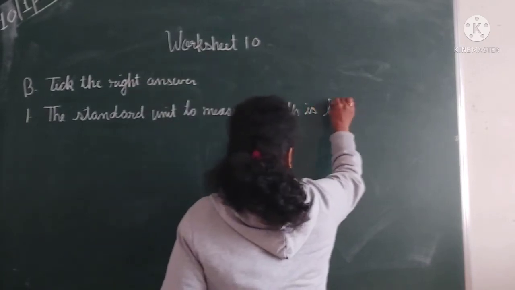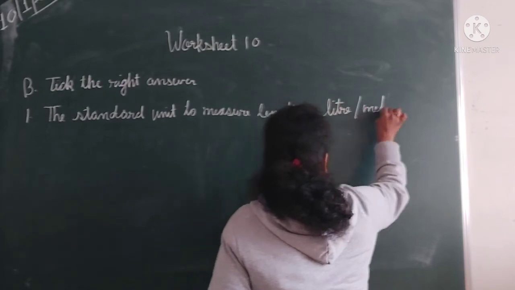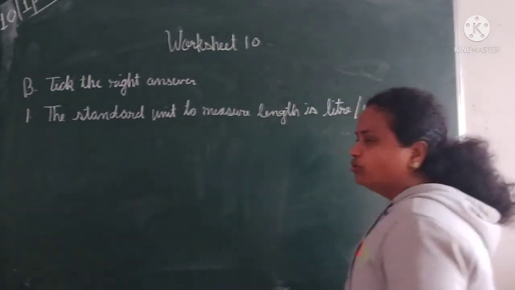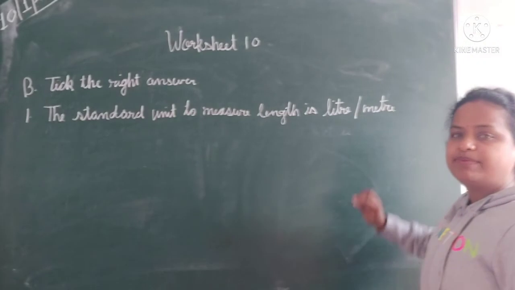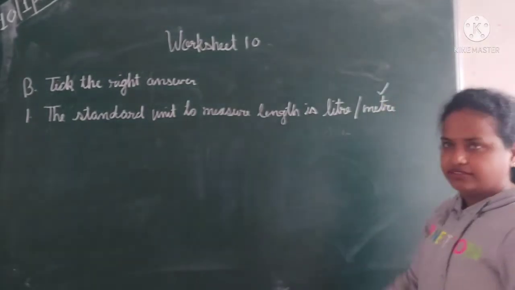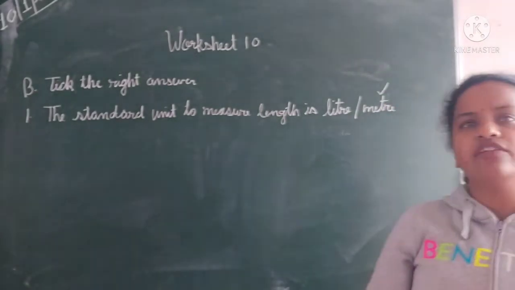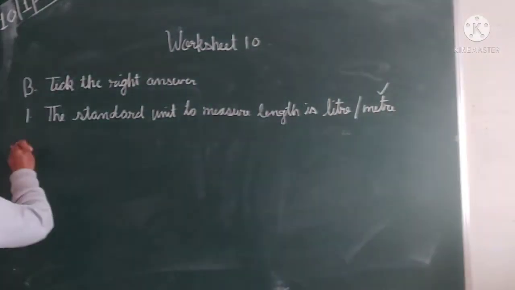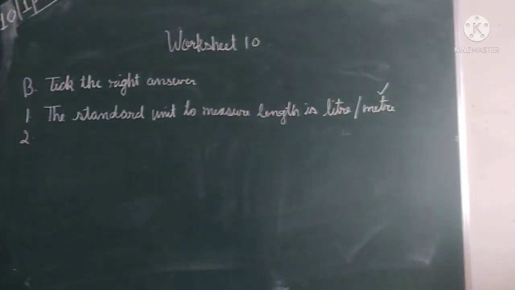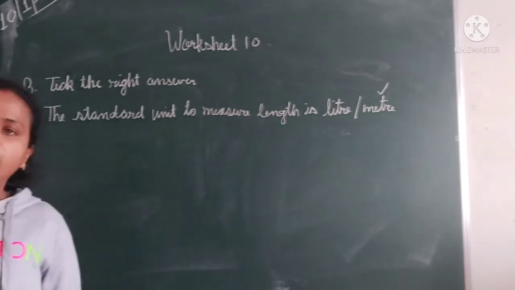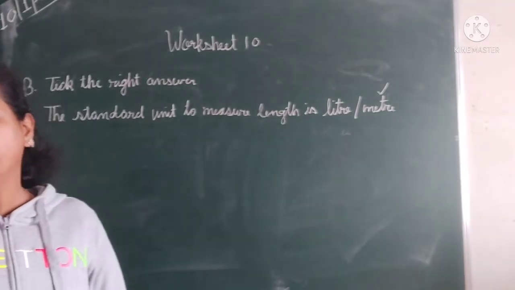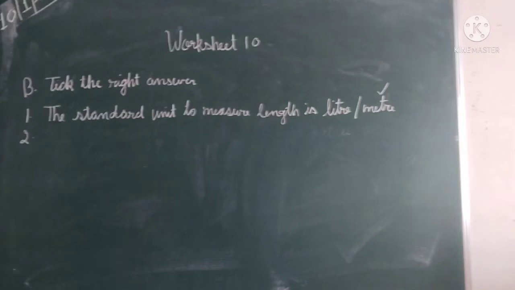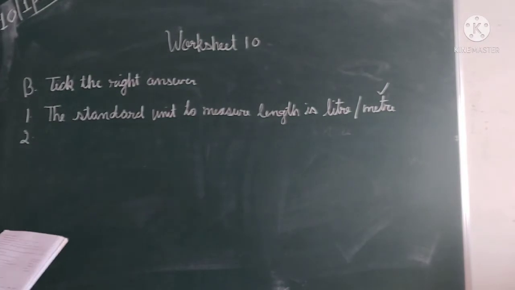In which unit is it measured, liter or meter? The length, you know that it is always measured in meter. Liquid, which thing do we measure in liquid? Any liquid can only be measured in liter. Liquids can be measured in liter.